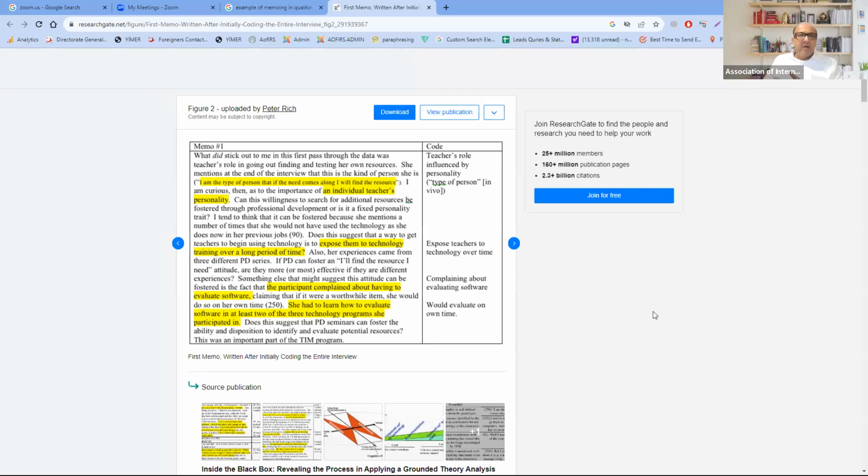Then you can create a third column. This is not as elaborate as I would like it to be. So you can keep creating columns, and you can keep identifying it with the memo or the more expressive idea that is highlighted at the same time.